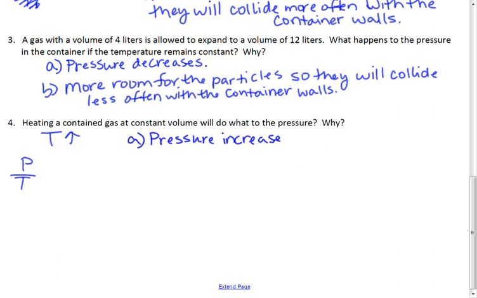If we think about how those particles are moving, you add more heat or you add more energy to those particles, they're moving around faster. So our particles move faster, so they collide more often with the container walls.